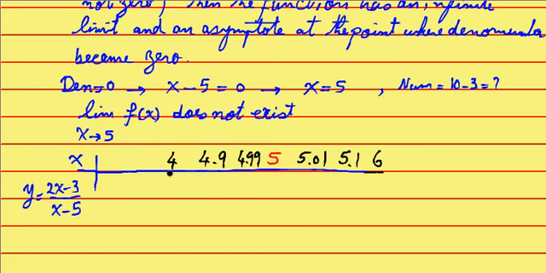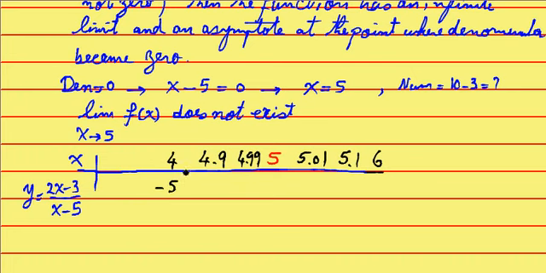So if you take 4 and plug it in this function, you get 2 times 4 is 8 minus 3, that's 5, divided by minus 1, that's going to be minus 5.